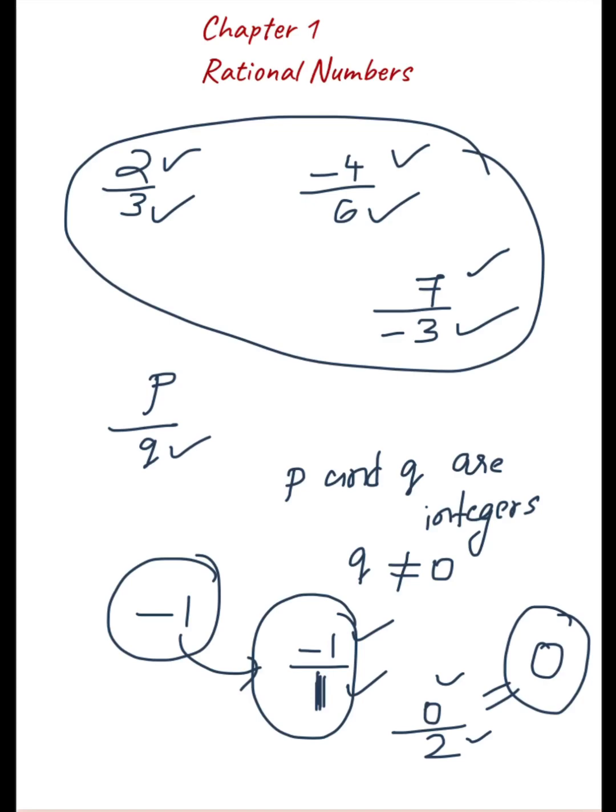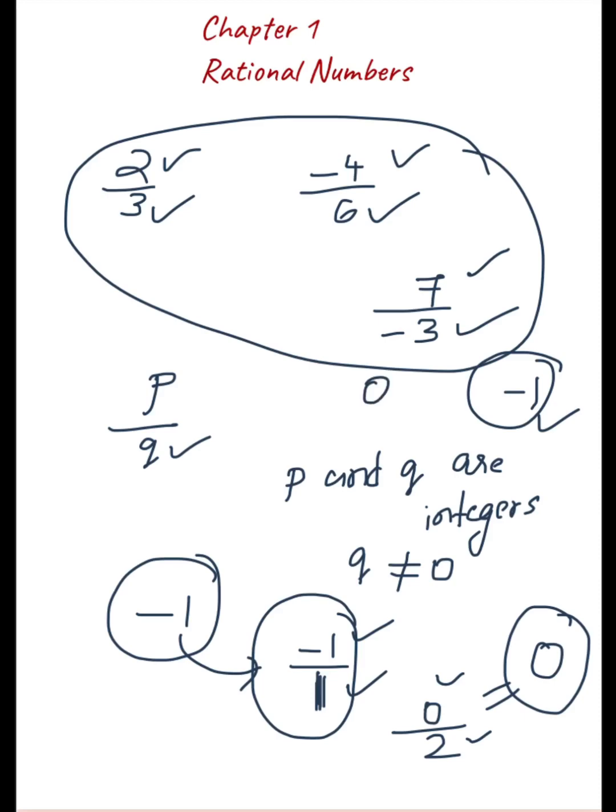Okay? And so you can say that inside a rational number, you can see whole numbers, natural numbers, and integers. All these three numbers are included inside rational numbers. You can see integers: if you are writing minus 1, this is again a rational number.